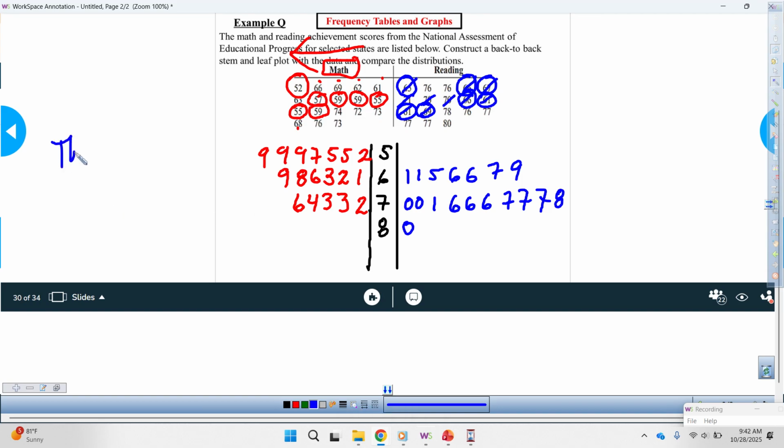The area of mathematics has lower scores. Hands, if you agree with that? Yeah, because it's between 50s, 60s, and 70s, and reading goes from 60s all the way up to 80s. All right, send that in, please, on the screen. I want to see your back-to-back.